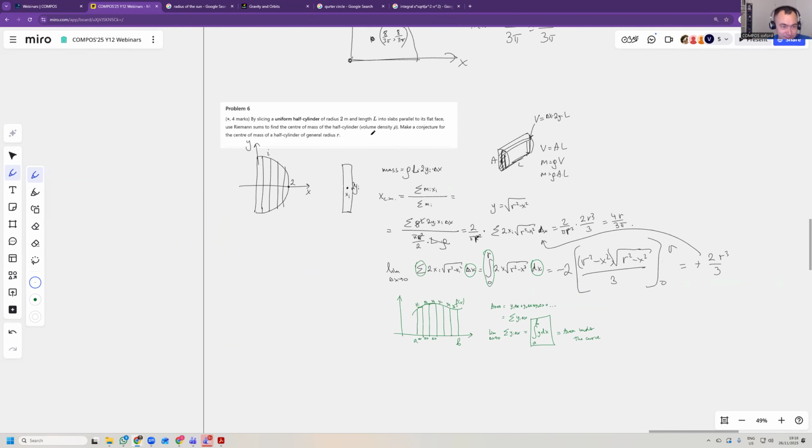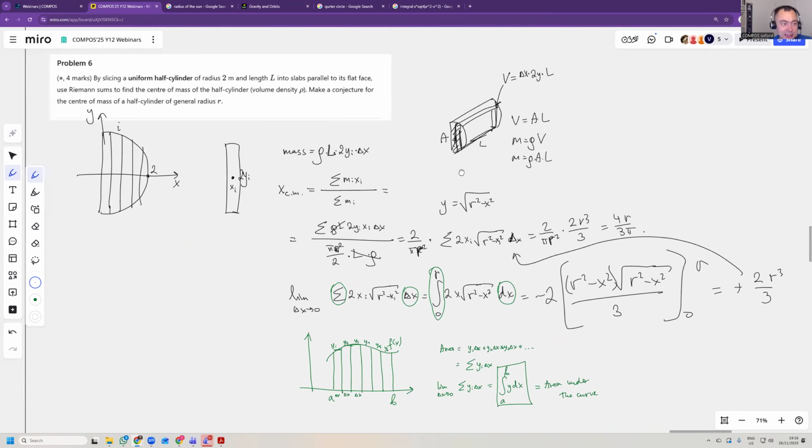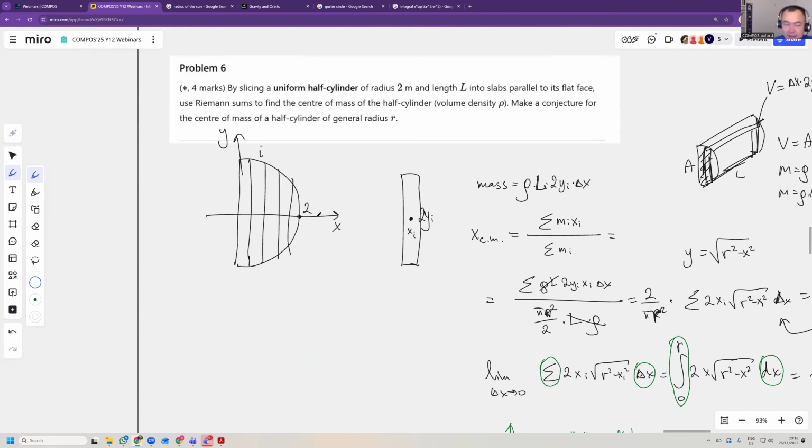And yes, so we found the center of mass of the cylinder is 4r over 3 pi, and in this case the radius is 2. So x center of mass is equal to 8 over 3 pi meters.